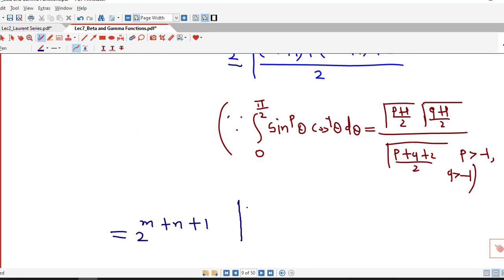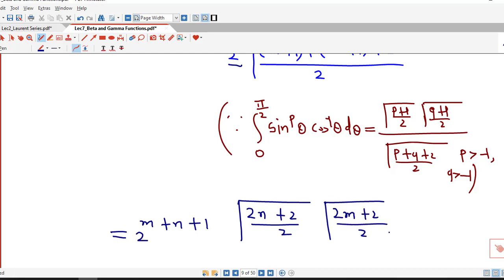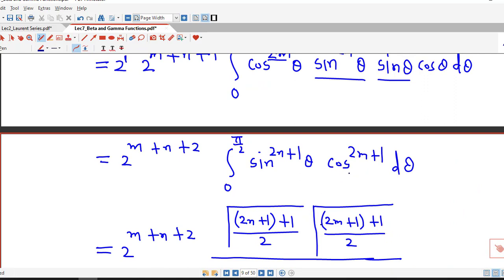So we write one more step: 2n plus 2 divided by 2. Here we will have 2m plus 1 plus 1, that is 2m plus 2, divided by 2.